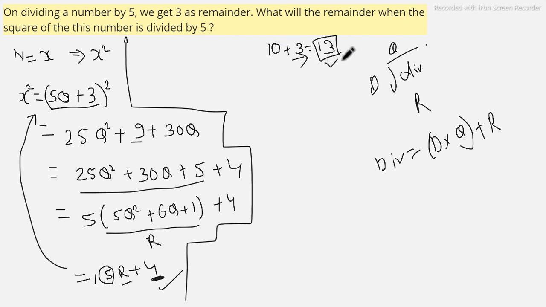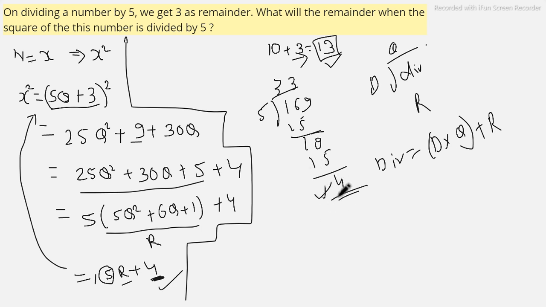Just square this number. 13 square is 169, and divided by 5, you will get your answer. So the remainder is 4, so our answer will be 4.